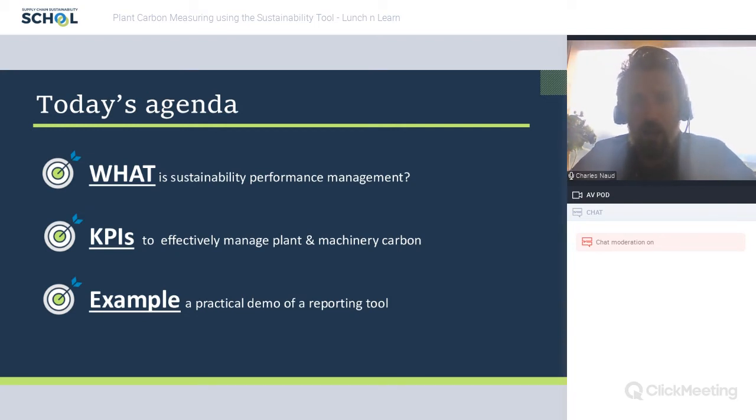So today we're going to look at reporting and performance management within the context of plant and equipment. This is in line with the work that we're doing with the plant group, with the Supply Chain Sustainability School. The agenda today is to look at what sustainability performance management is generically, and then hone down into what it means in plant and equipment.